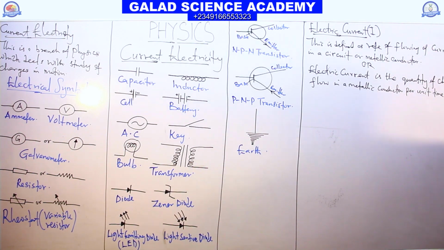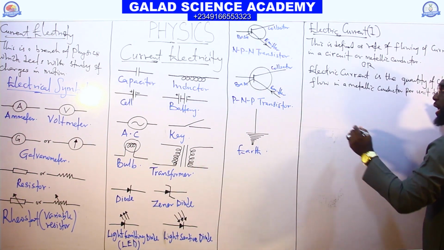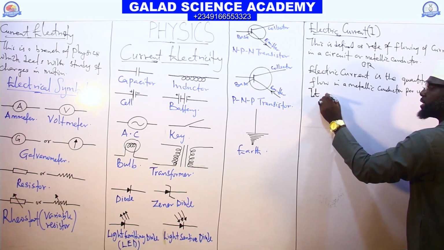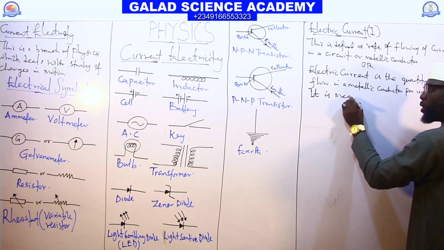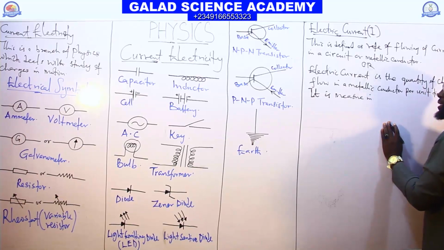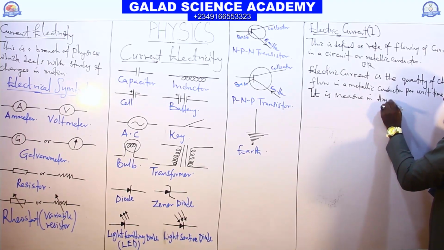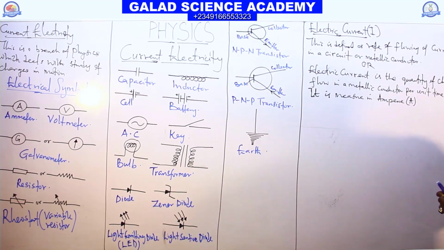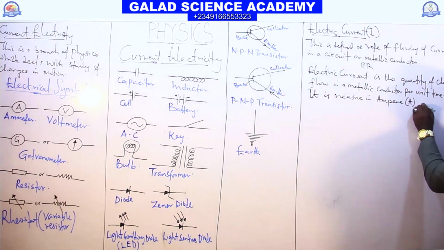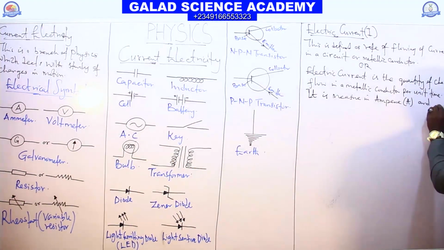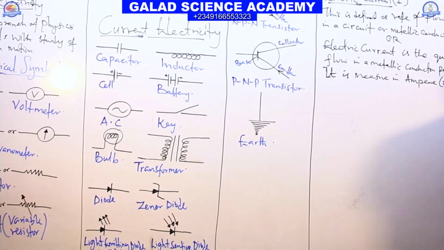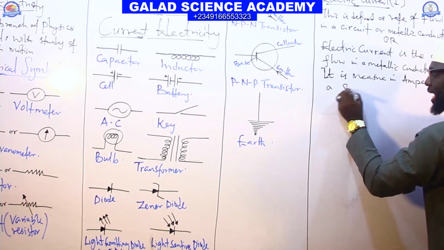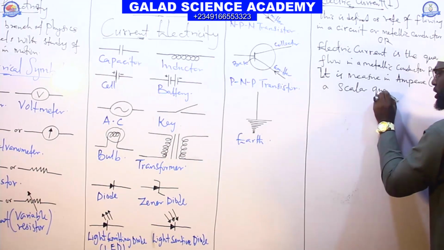Per unit time. And it is measured in ampere. That is, the unit of current is ampere, and it is also a scalar quantity.